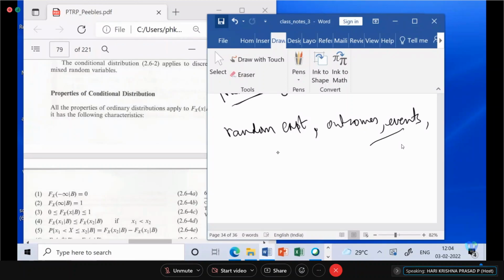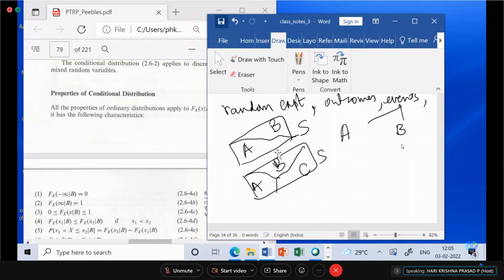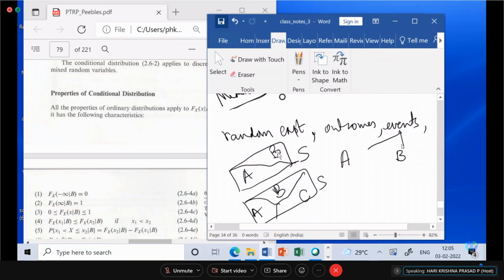So typically let A and B be the events defined on a random experiment. If I have sample space S, event A may be this, event B may be this. Or event A may be this, event B may be this, event C may be this. This is what I mean by grouping of the outcomes to define events.